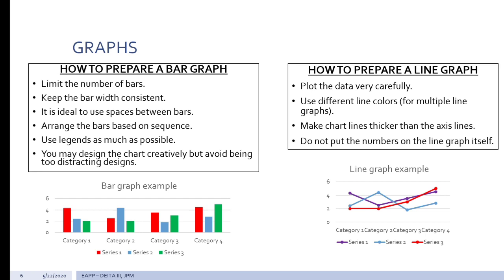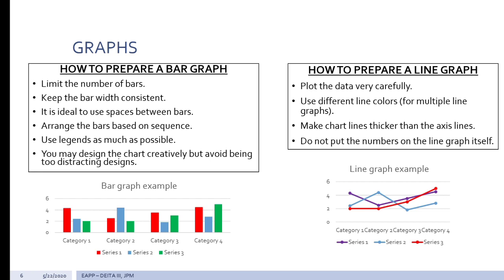However, for preparing a bar graph, it is actually not necessary. It is also ideal to use spaces between bars so that you'll be able to identify precisely if, for example, your printer happened to print it only black and white, then you'll be able to understand it properly.